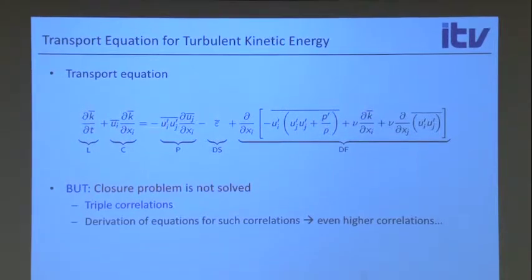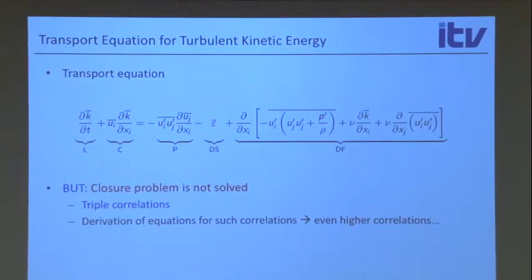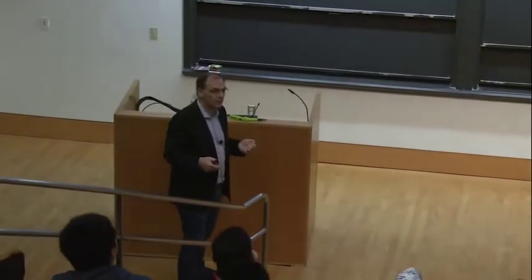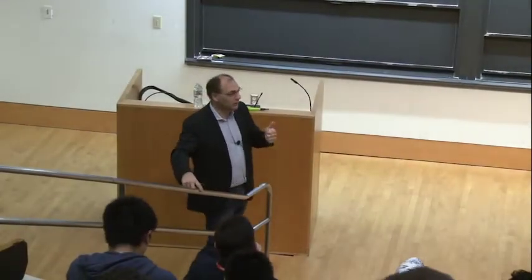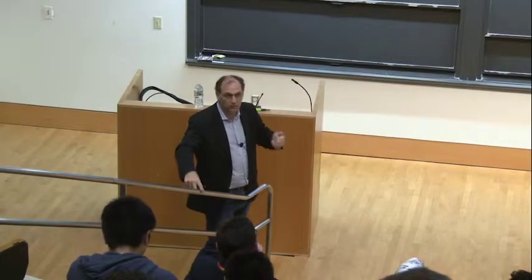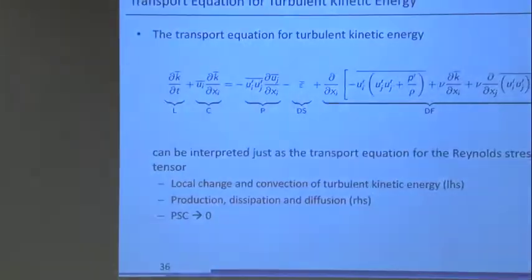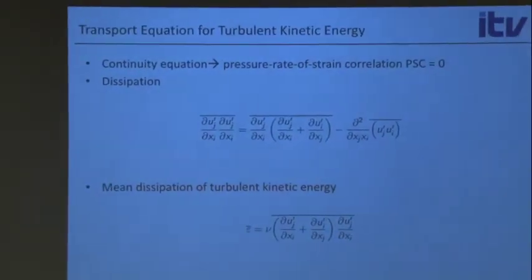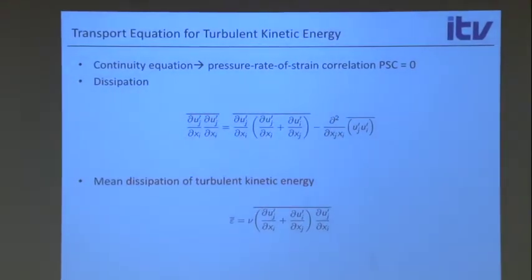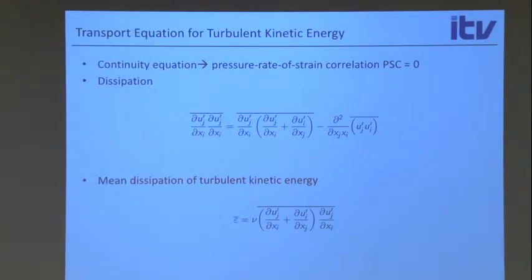Okay, so we have this kinetic energy equation, and it's an interesting equation. It shows us something about the dynamics of the turbulence. It showed us, for example, that turbulence is produced by the mean shear. That's what you see from the equation. If you look at this term, it really comes from this term.